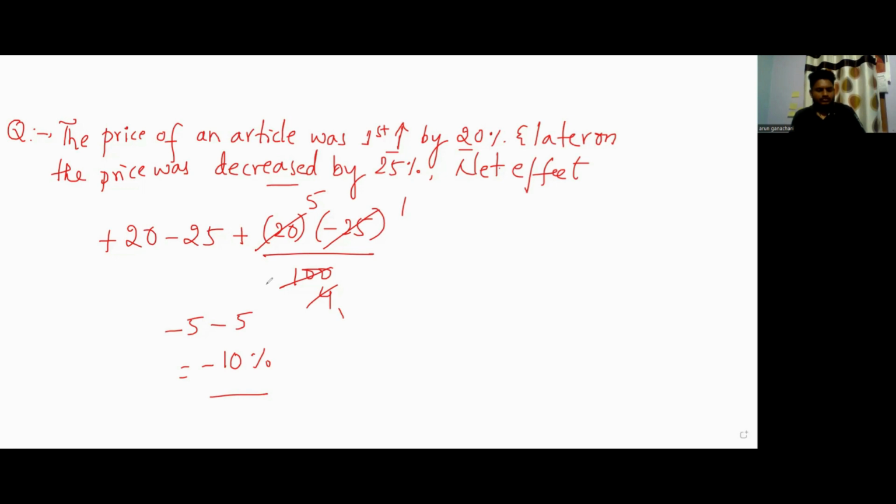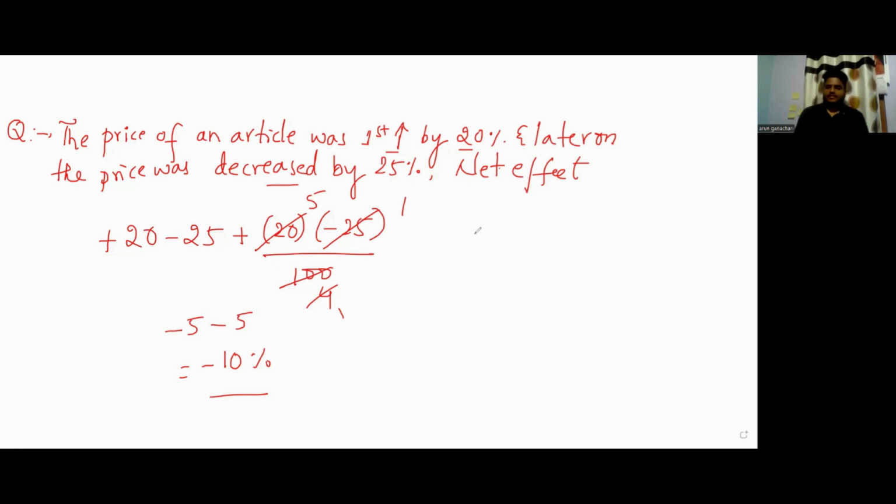Minus 10% decrease. Okay, understood this?